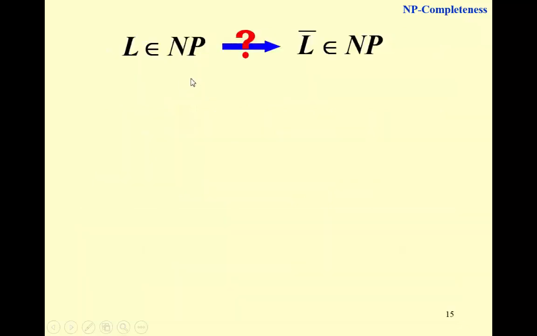Another open question is that if L is in NP, does it mean that the complement of L is also in NP? Here I'd like to emphasize one thing. The difficulties of answering yes and answering no are not necessarily the same. For example, the Hamilton cycle problem is in NP, right?